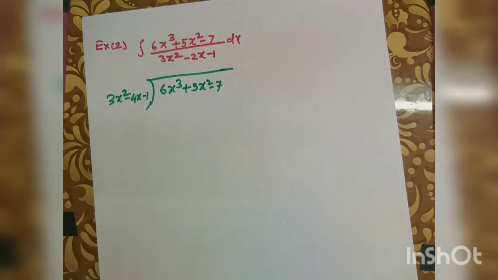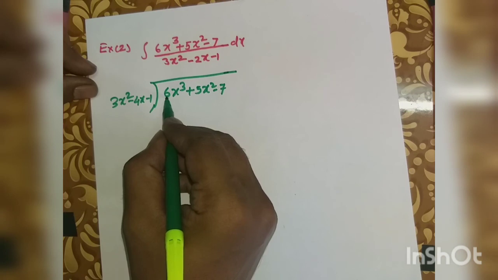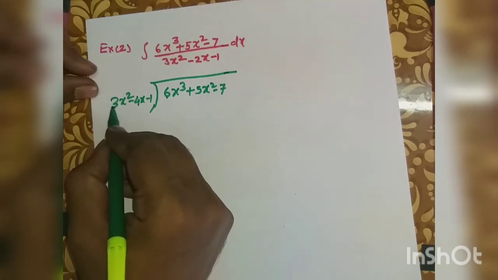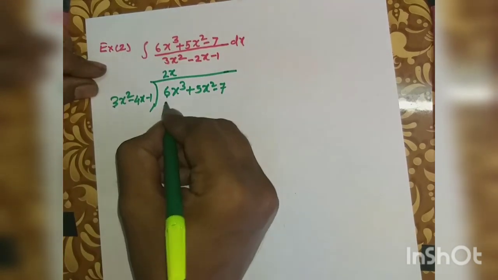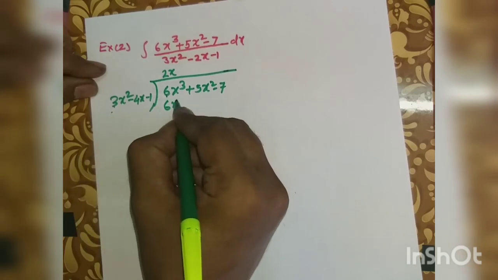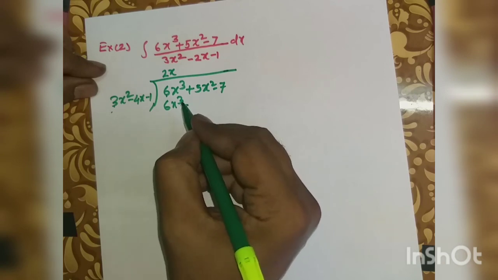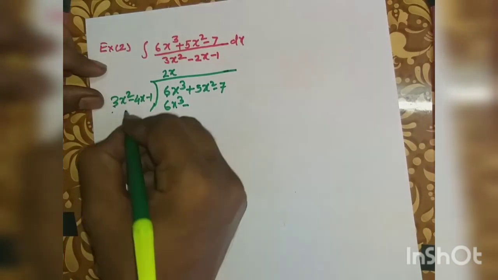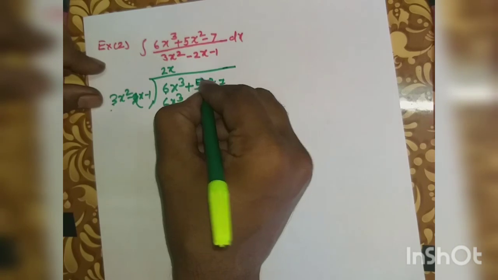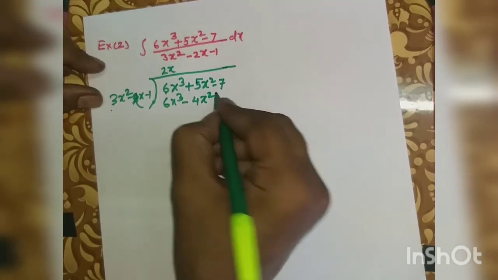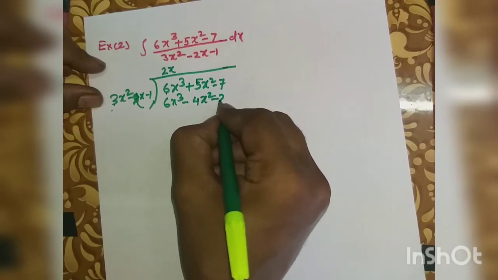Now take the coefficient of x cube, which is 6. Here the coefficient of x square is 3. Multiplying by 2x, we get 6x cube, minus 4x square, minus 2x.